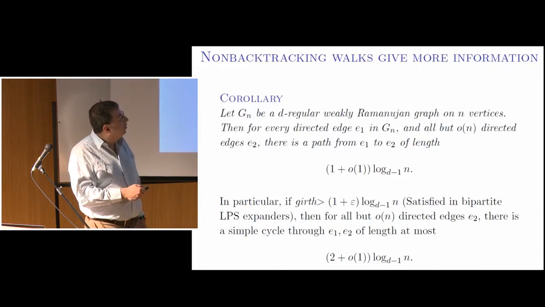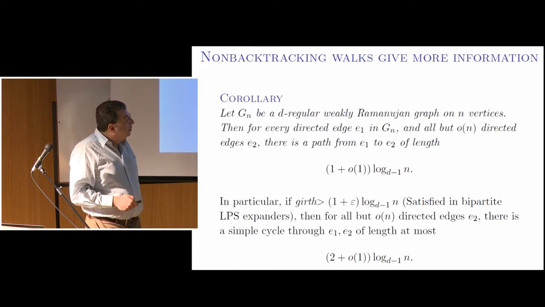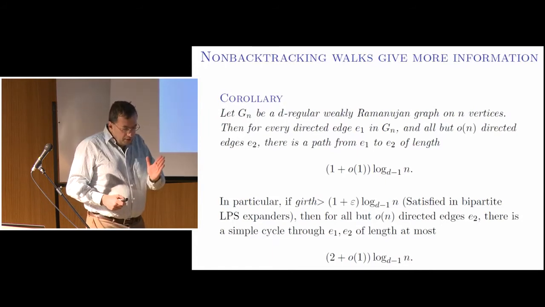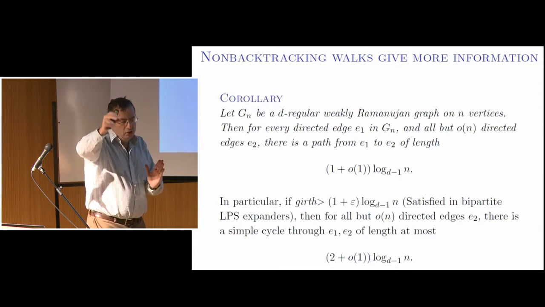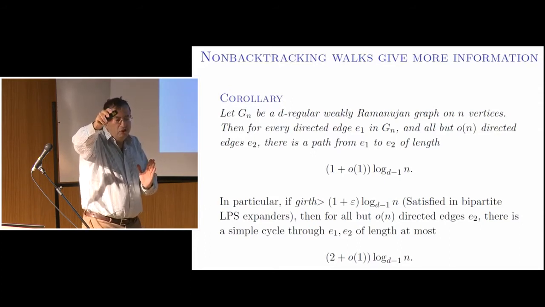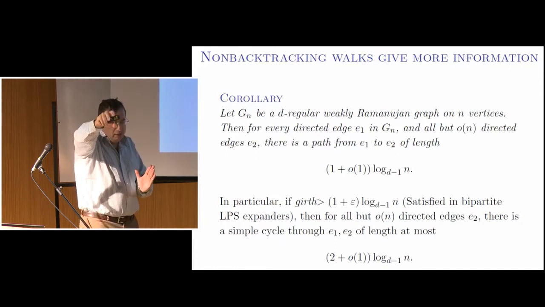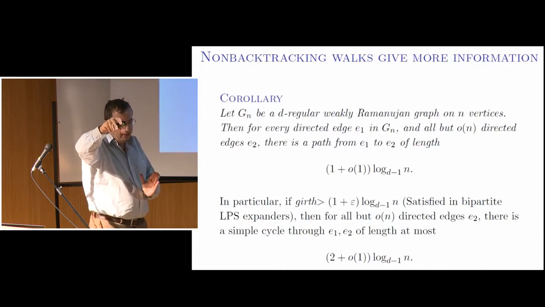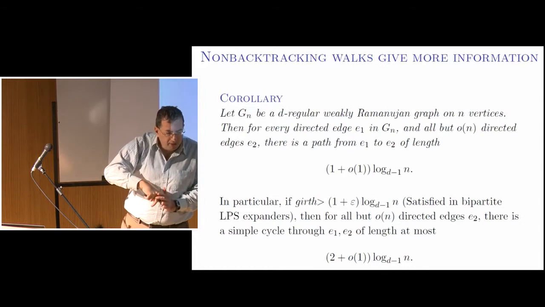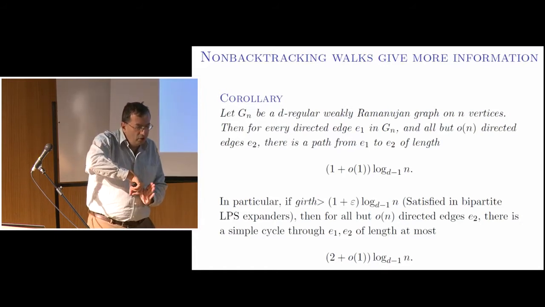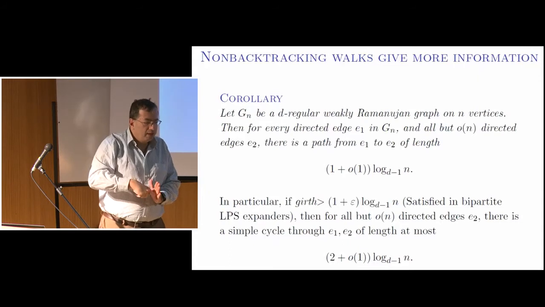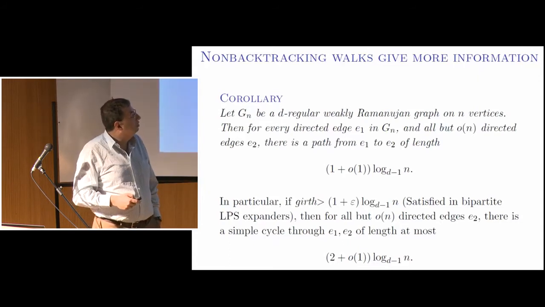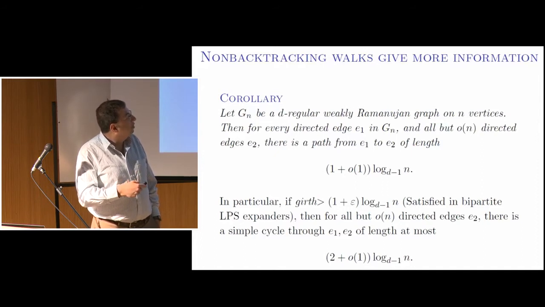So if the girth is bigger than log base d minus 1 of n, then you fix one edge, and you take the other edge to be generic, so with a tiny number of exceptions. So E1 is arbitrary, E2 then has to be chosen outside the negligible set. And then there is a simple directed cycle that goes from E1 through E2 and back of length 2 log base d minus 1 of n. So you just easily get this from the corollary.